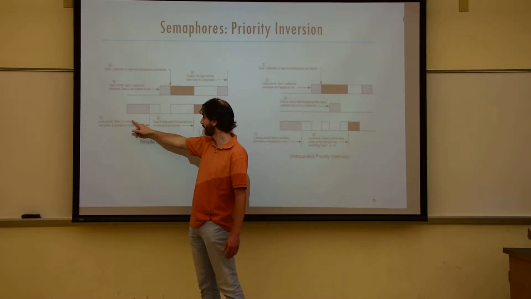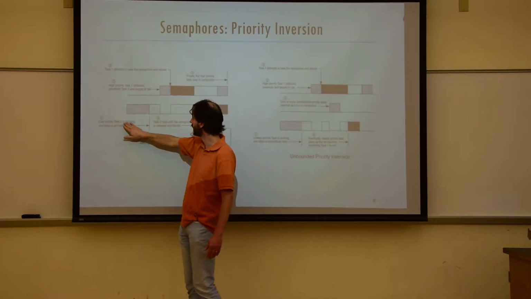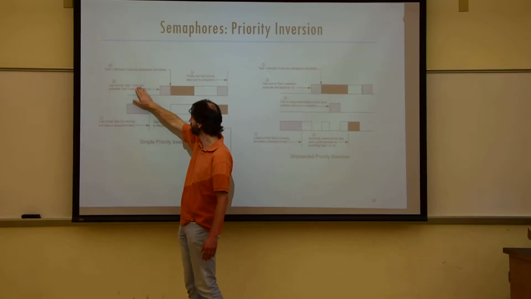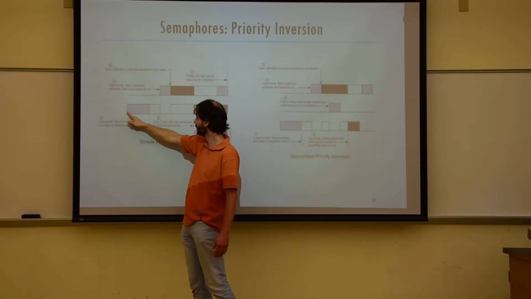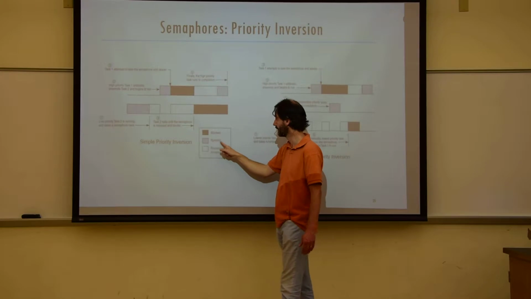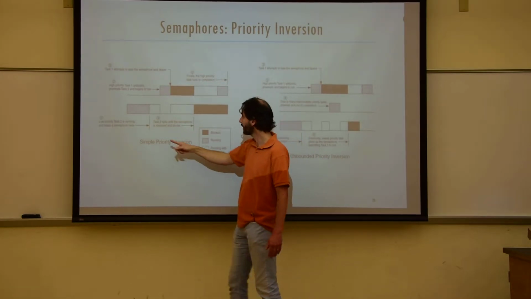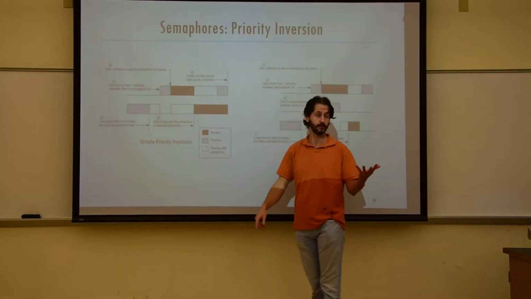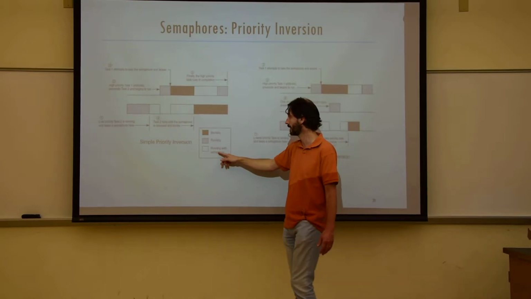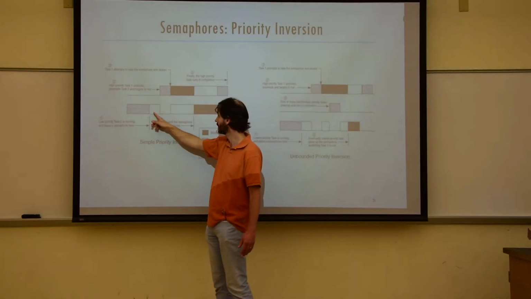And take this particular low priority task 2 and a high priority task 1. So say this one is running, so it means running. And then at some point it locks a resource. So it's running with a semaphore. It runs.